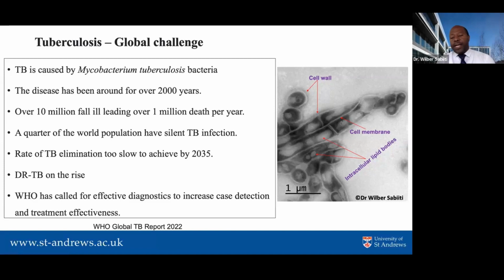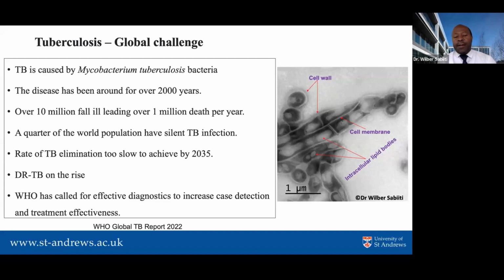The WHO has a target to eliminate tuberculosis by 2035. But the rate at which we are eliminating tuberculosis is quite slow, very miserable. And some modeling shows that if we continue at that rate, we may need over 100 years to eliminate tuberculosis.